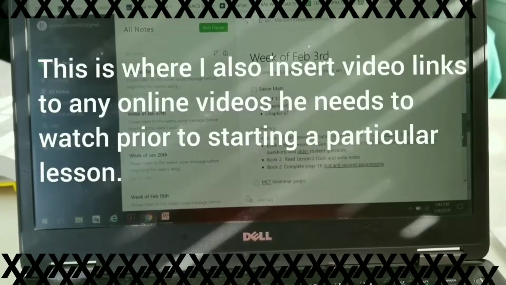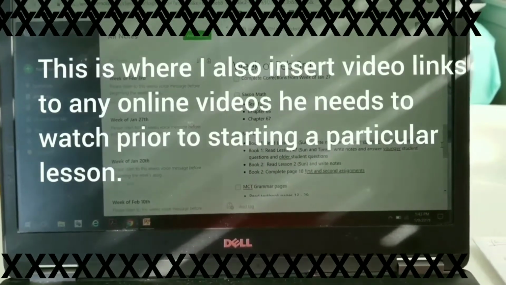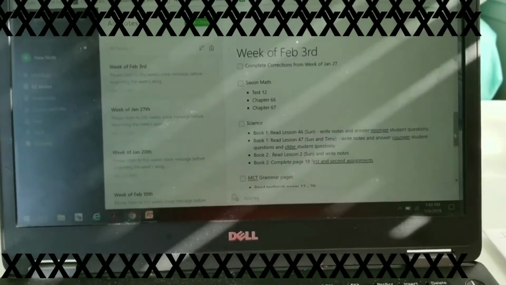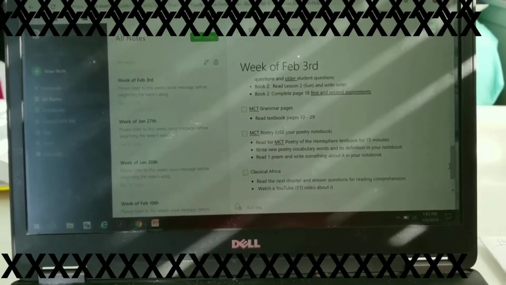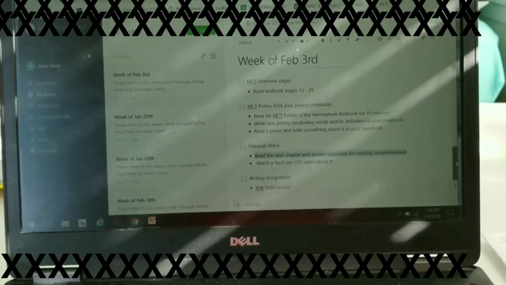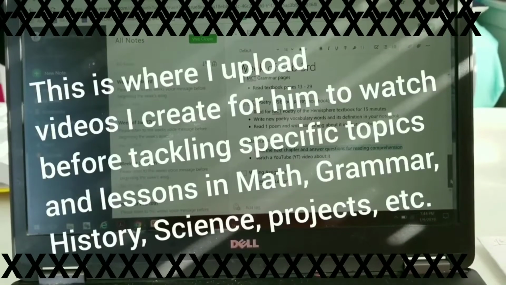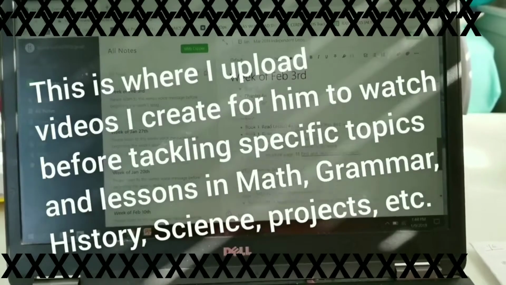And then it tells him what he has to do in terms of his Saxon math book, what he has to do for science, what pages he has to read for Michael Clay Thompson, and some other things. So this is everything that he has to complete within that week. Again, week of February 3rd.